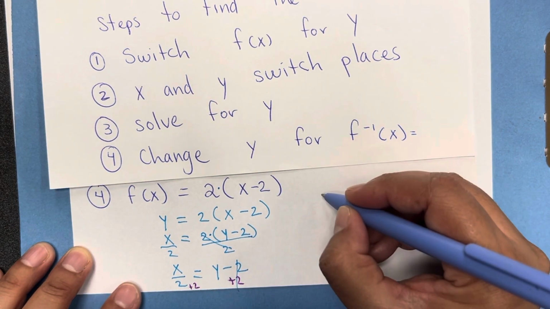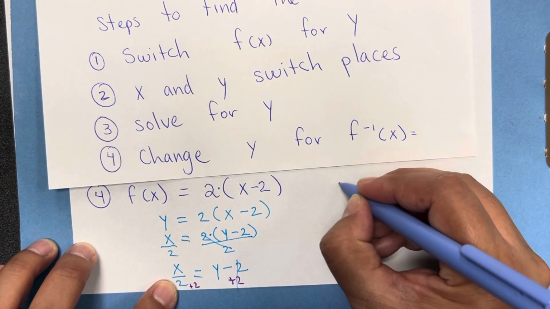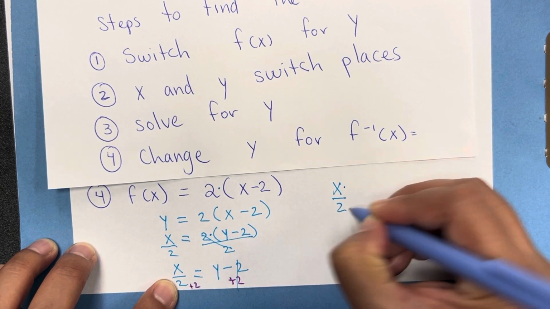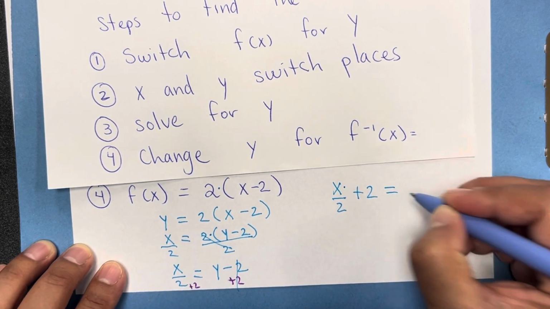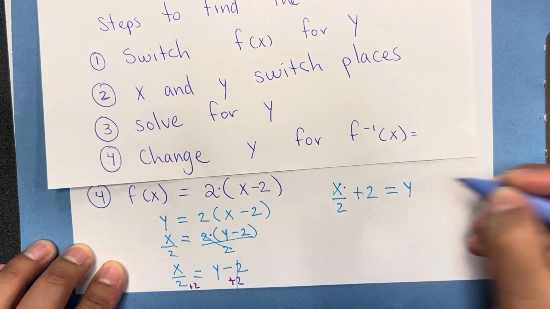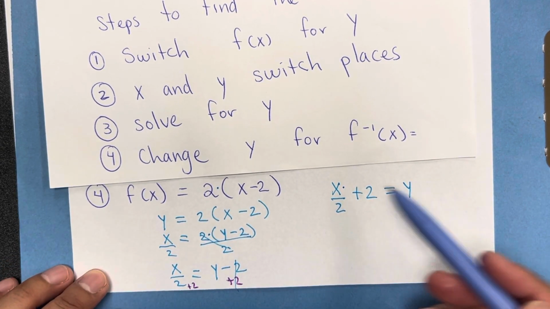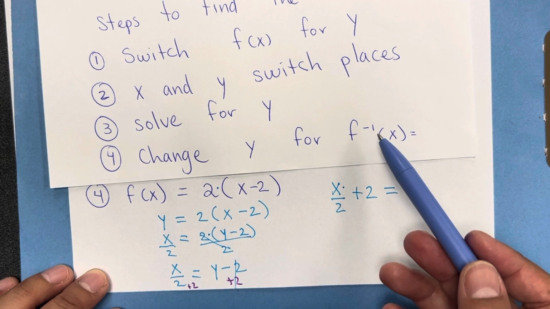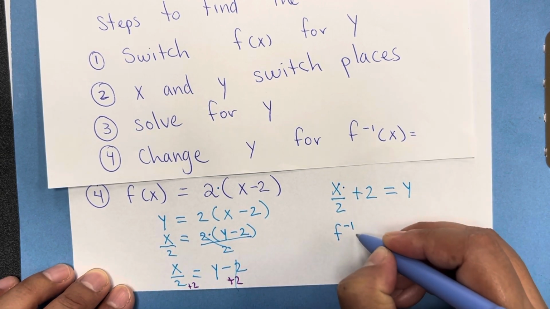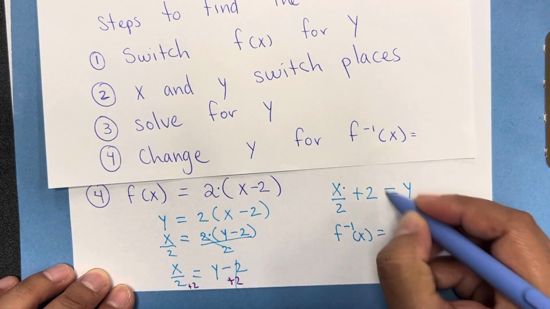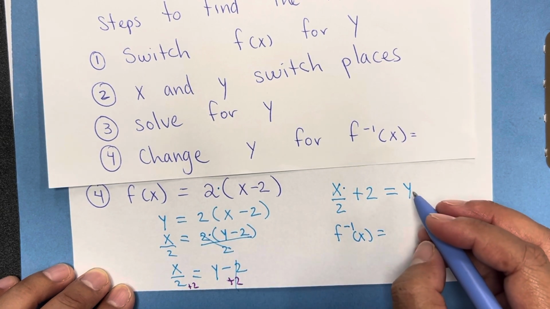Cancel this, and we get x divided by 2 plus 2. Sorry about that. And on this side, we only have y. Then we substitute the last step to switch it. So inverse of f of x equals this.